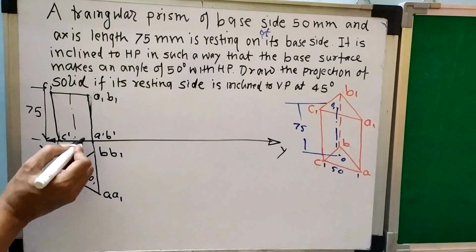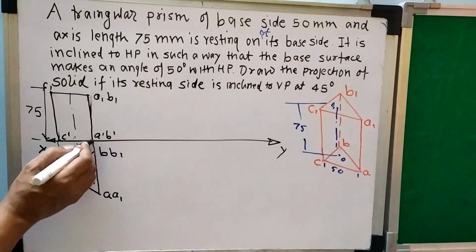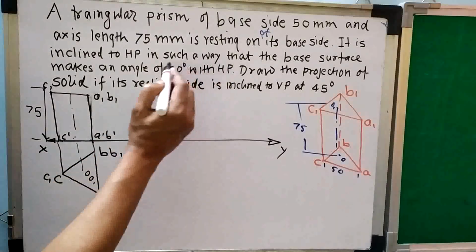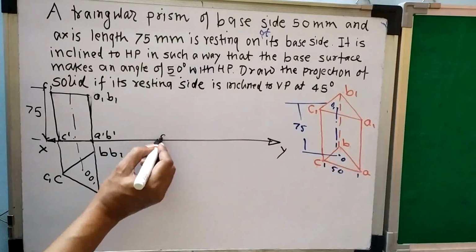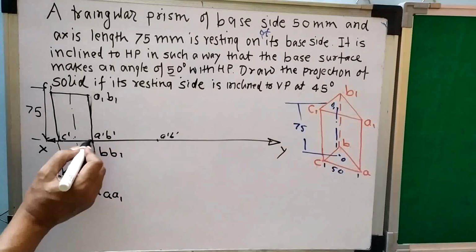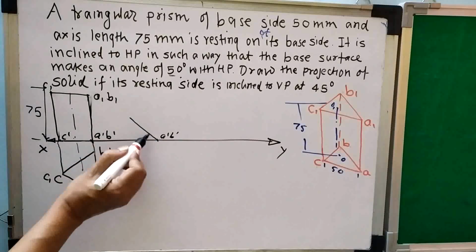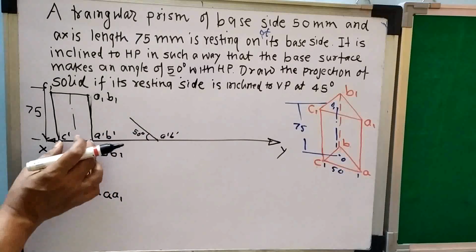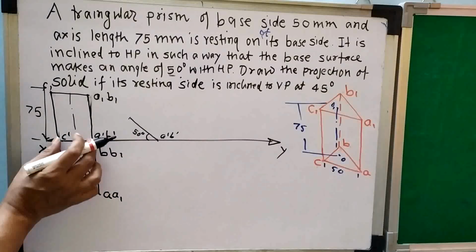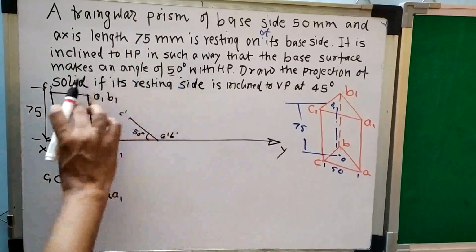Then what do I have to do? I have to make this surface inclined, because the bottom surface is inclined, keeping this AB on the HP. How many degrees? It is inclined 50 degrees. So I will take this A dash, B dash here, and I will make this surface inclined 50 degrees, and then I will take this distance, cut here, C dash, and then I will draw this rectangle here.